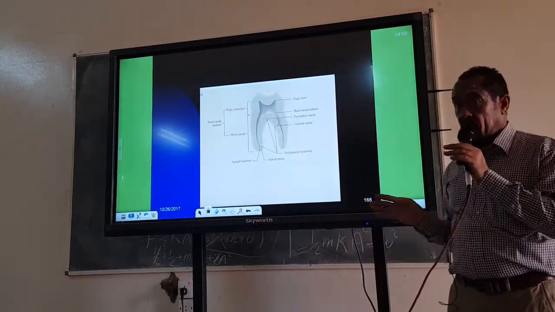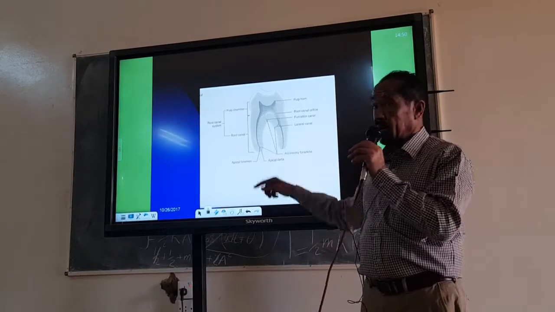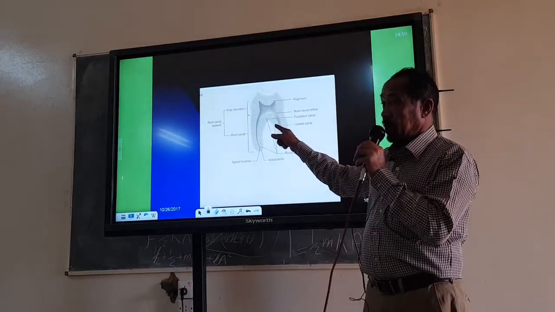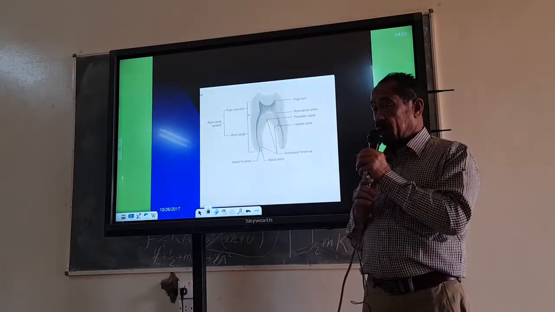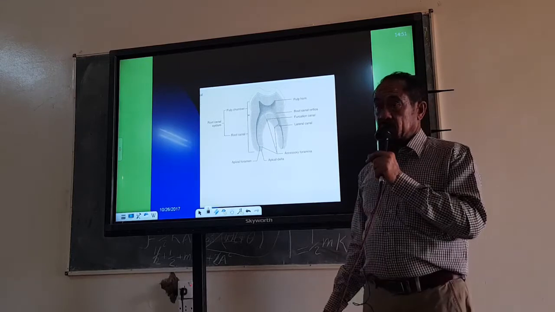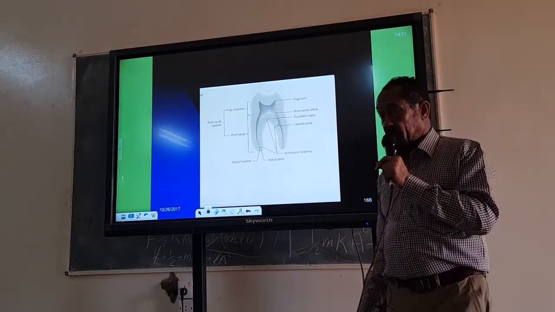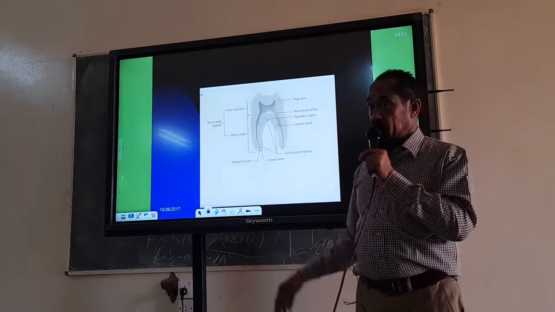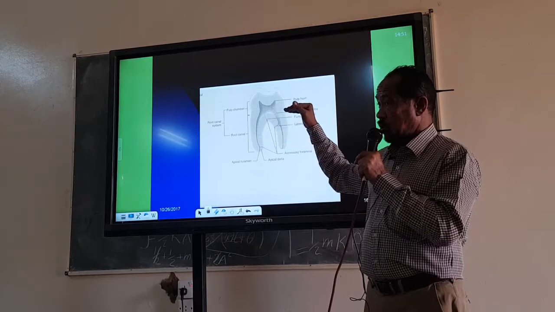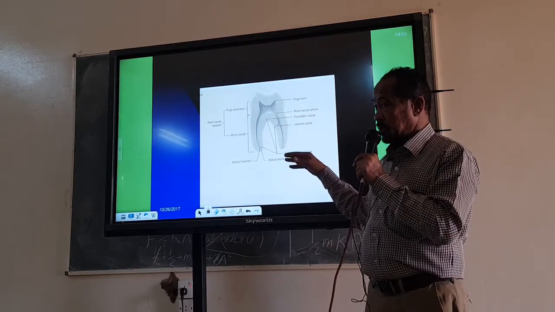This is the normal. But sometimes this canal branches laterally نسميهم lateral canals. And this canal may extend to exterior يعني تمشي لحد ما تفتح برا. And this opening to the exterior we call accessory foramen. فده المورفولوجي of the pulp space: chamber, root canal, orifice, lateral canals, apical foramen.